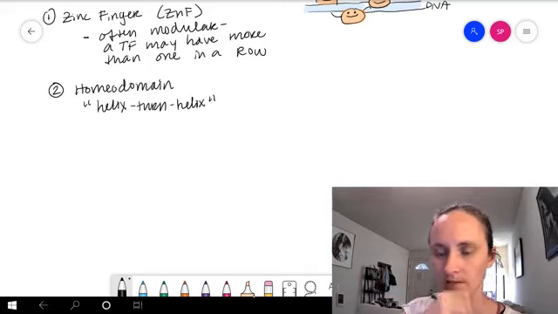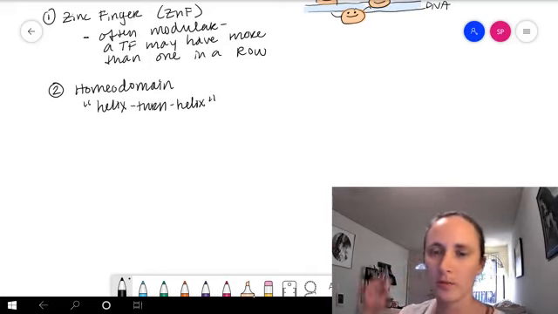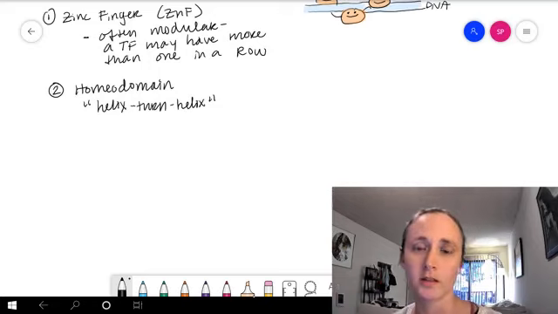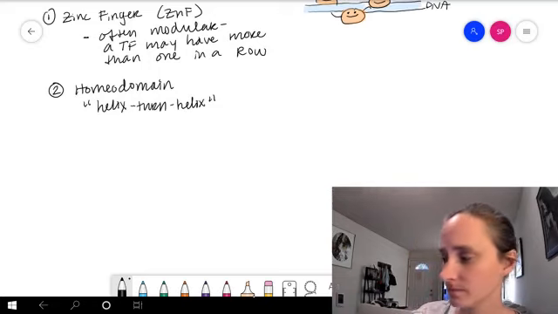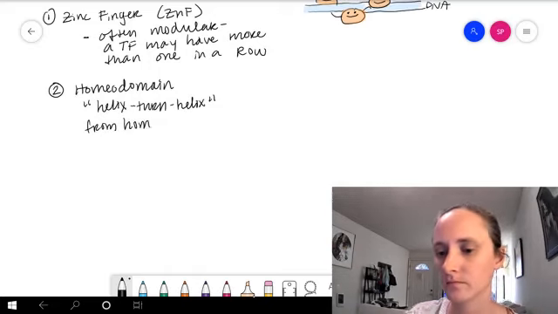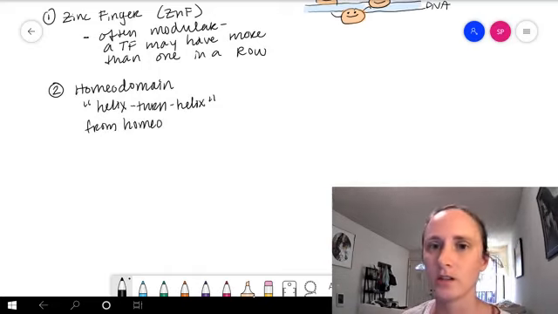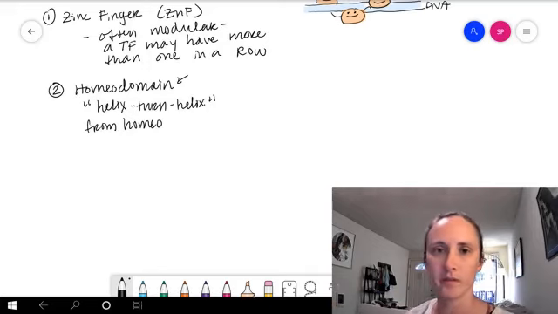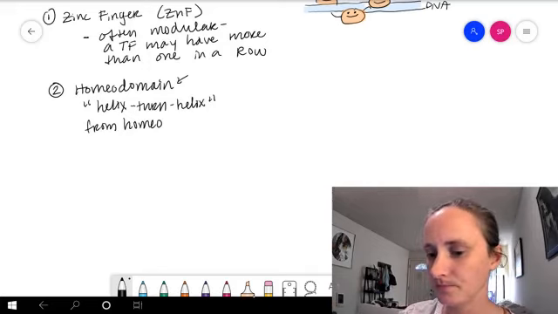And to make it even more involved, homeodomains are transcribed from genes that contain a homeobox, or Hox genes. So if you ever see Hox genes getting thrown around, this is what it's talking about. It's transcription factors that have this type of DNA binding domain.